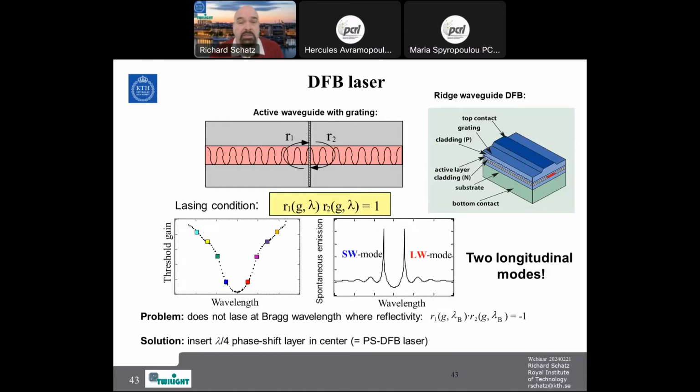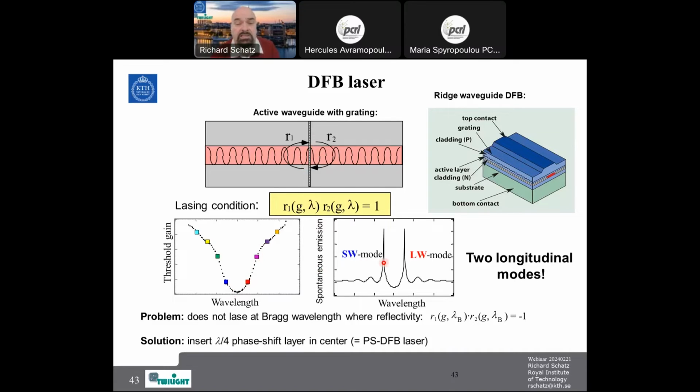If you have an ordinary DFB laser without any phase shift, and you have anti-reflective coating on both facets, then in an ideal DFB laser it will in fact not lase at one wavelength, but at two wavelengths on either side of the Bragg peak of these gratings. The reason it doesn't lase where the reflectivity of the gratings is highest is because the phase condition is not fulfilled there.